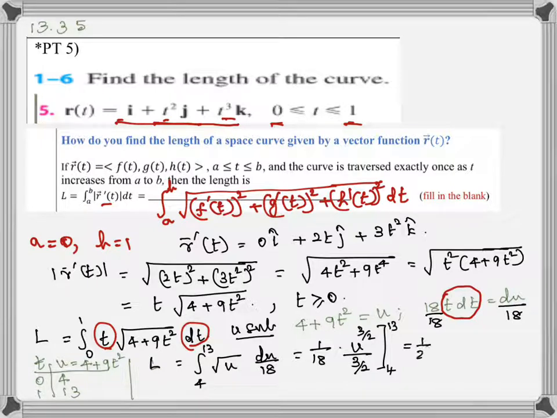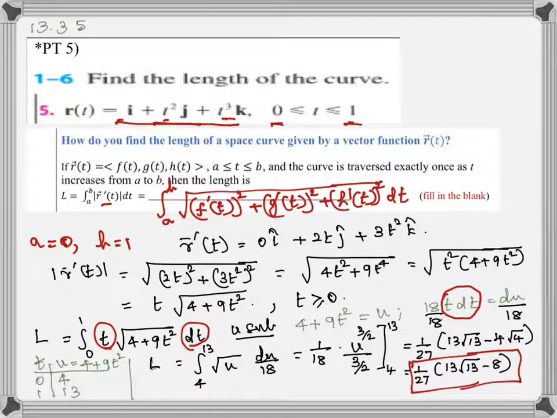If you do the math here, it is 1 over 18 times 2 over 3. So this will become 1 over 9 times 3, that will be 1 over 27. Then it is upper limit 13 to the 3 halves minus 4 to the 3 halves. So that will become 13 square root of 13 minus 4 square root of 4, inside the parenthesis, and outside you have 1 over 27. If you simplify, it is 1 over 27, 13 square root of 13 minus 8. That is the length of the curve.